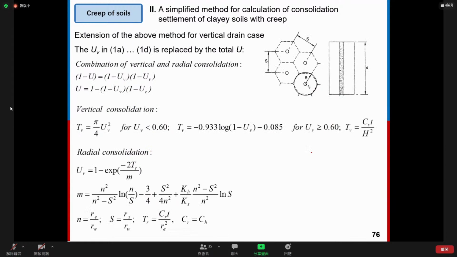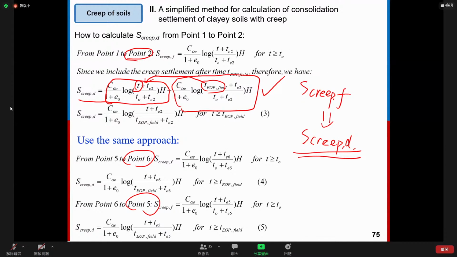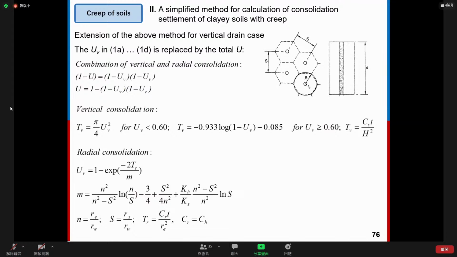So we discussed how to calculate S-script final, S-script delay, and SF. And we also present a so-called simplified method to calculate the radial consolidation degree, UR.